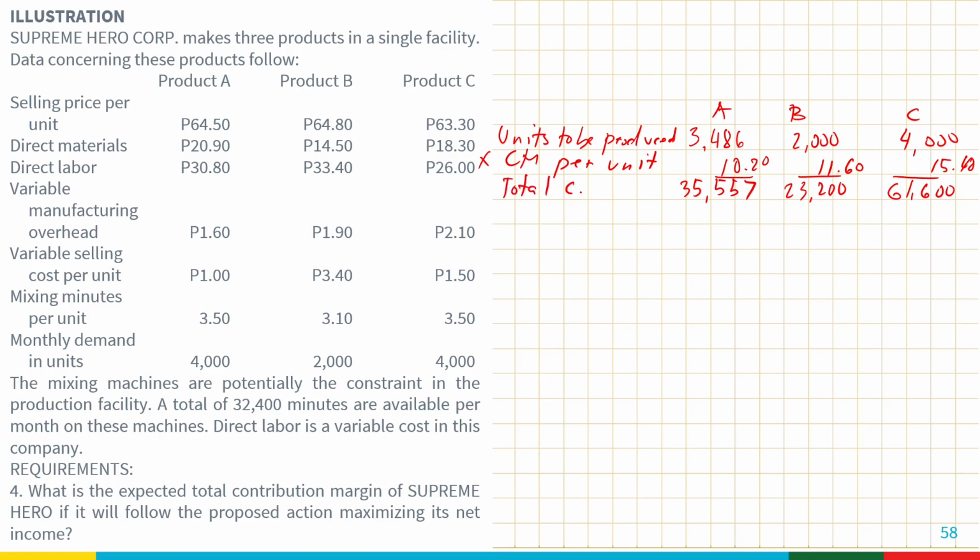Lagay natin, total CM. Pero ito yung pinaka-grand total. Grand total na CM ay pag pinag-add natin itong tatlong to.